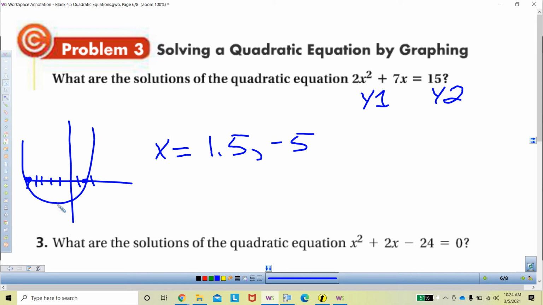We don't know how far down the vertex goes unless we do the negative b over 2a, but we get a general sense of what's going on by doing that. Do number 3 with the intersection. You can add or subtract over whatever you want to the right side. I think if it were my choice, I'd add the 24 over. I just think it's easier to get the horizontal line and the intersection point.